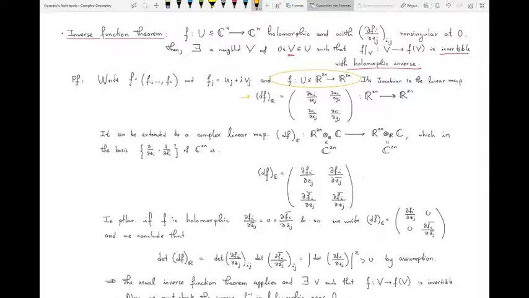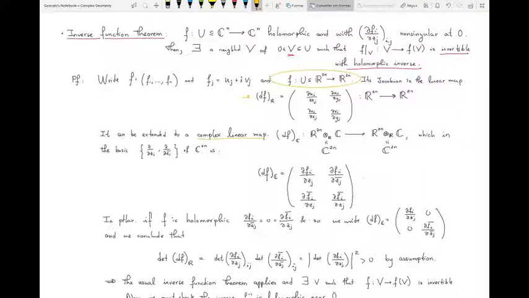Okay, so now we can complexify it by simply looking at the Jacobian, and instead of considering it as a map from R2n to R2n, we take a tensor product with C and extend it by C-linearity. Then we get a complex linear map, which I'll call the complex Jacobian, from C2n to C2n, which is just the tensor product of R2n with C over the real numbers.